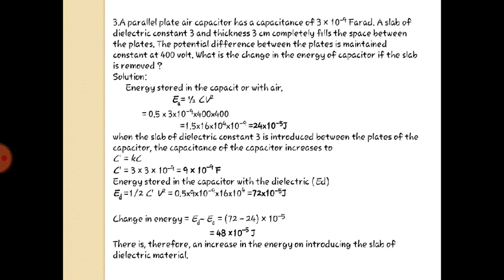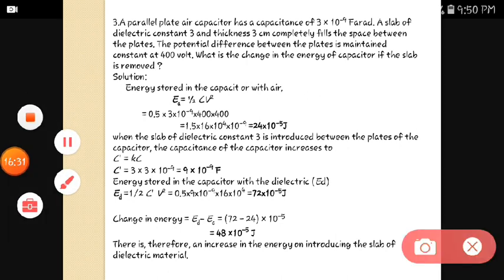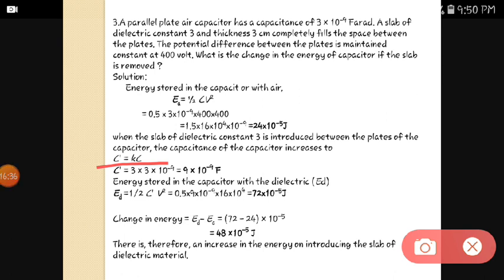Obviously, it will increase. Just we have seen that. So, what will be C dash? C dash is K into C. What is K over here? It is 3. 3 into capacitance is 3 into 10 to the power minus 9. So, by multiplying that, we are getting C dash when a slab of dielectric material is inserted as 9 into 10 raised to minus 9. Okay. So, this is what we got.